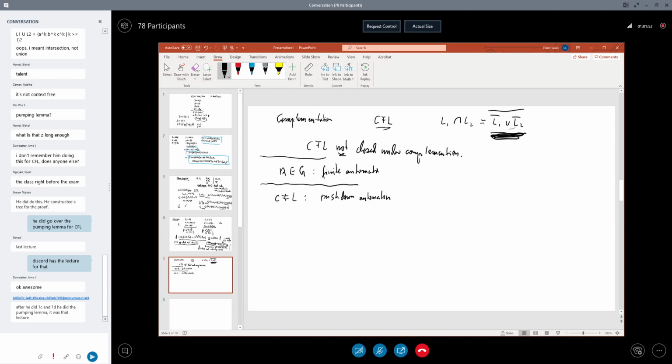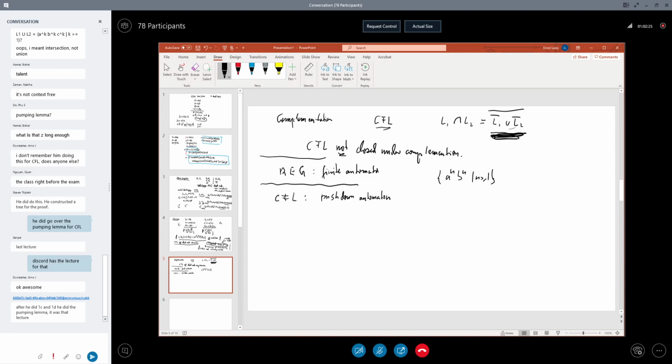The difference, if you think about what it was that we could not handle, if we go back to when we showed that there were context-free languages that weren't regular, we did, for instance, A to the N, B to the N. We showed that that language is not regular, but it is obviously context-free.